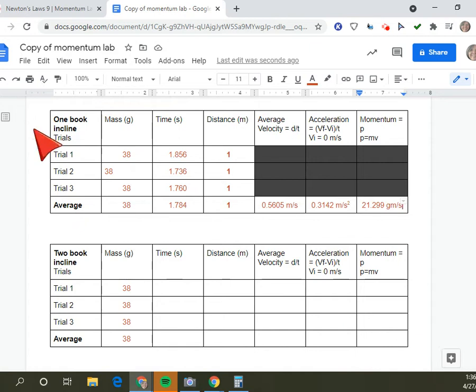Let's make some predictions. We had a one book incline on this. What do you think is going to happen when we have a 2 book incline? You think it's going to hit harder with more momentum, maybe? Okay. Well, let's use that prediction, and we'll go ahead and try again. So I'm going to let you have a chance to fill in the data table, and I'm going to put the second book in our stack.